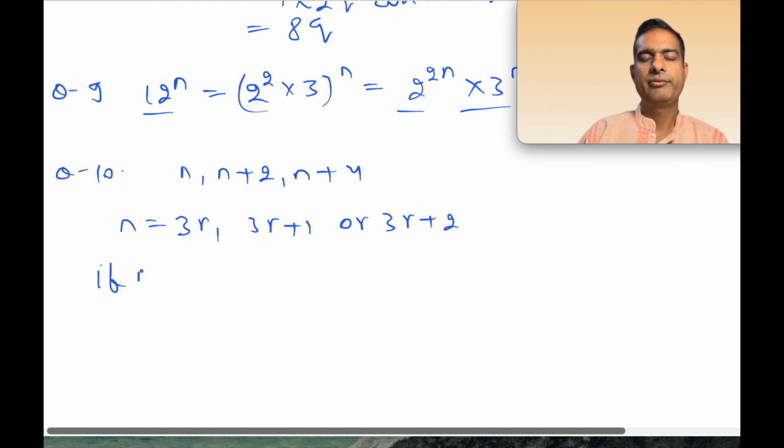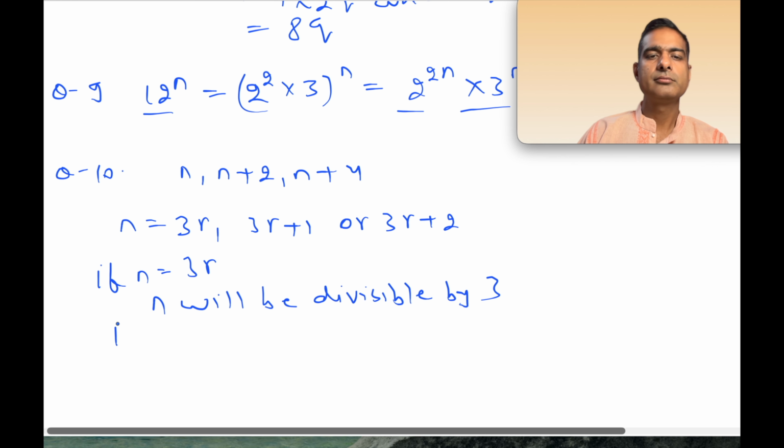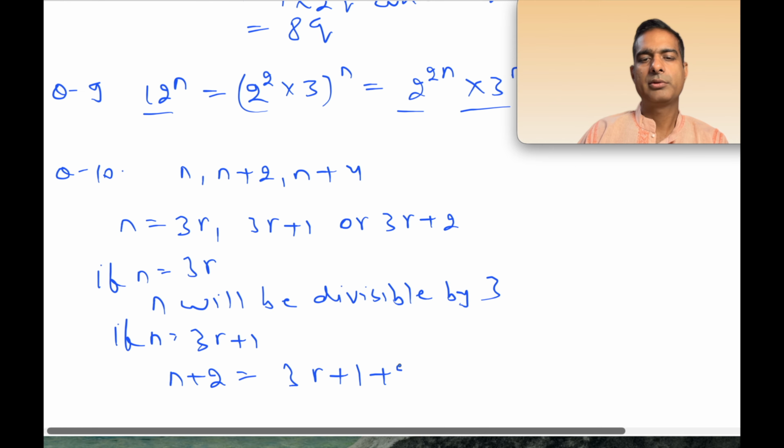Now if n is equal to 3r, then n will be divisible by 3. If n is equal to 3r plus 1, then n plus 2 will become 3r plus 1 plus 2, that is 3r plus 3.